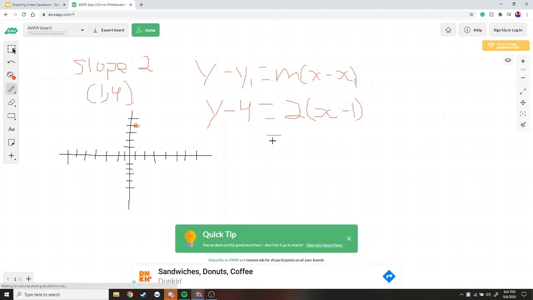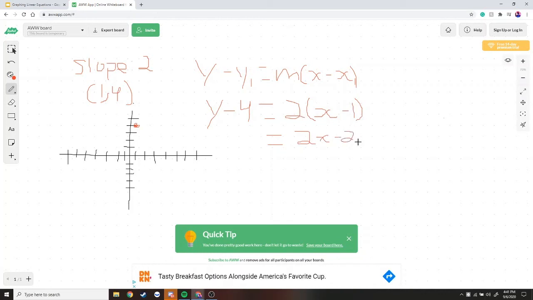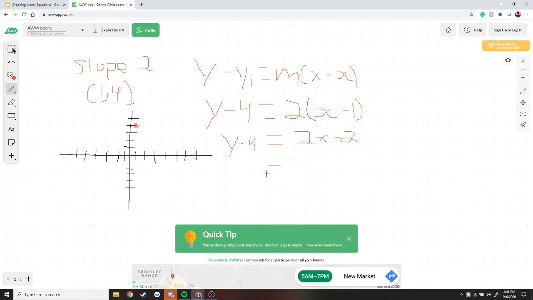Now we're just going to simplify this. What we're going to do is distribute this 2 with the x minus 1. So 2 times x is 2x. And 2 times negative 1 is negative 2. Then we have y minus 4 on the other side. Now we want to isolate this y to bring it into slope-intercept form, like we originally did.